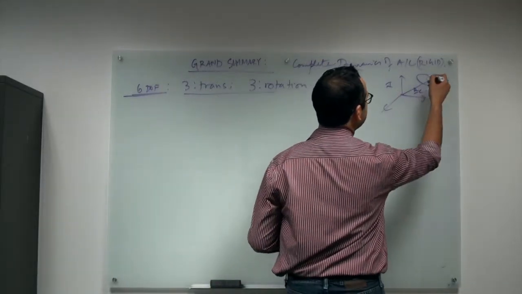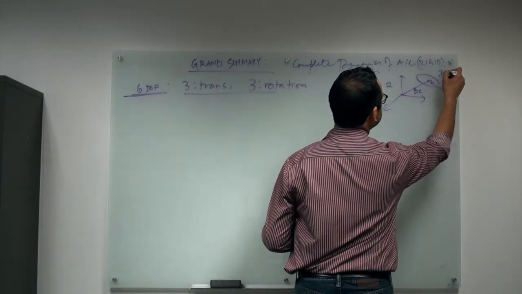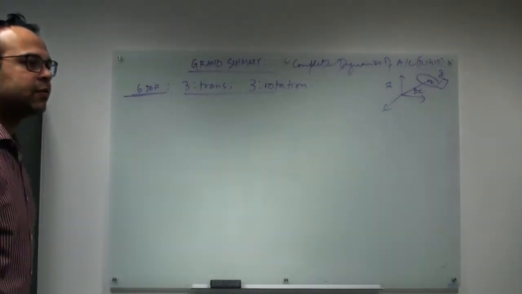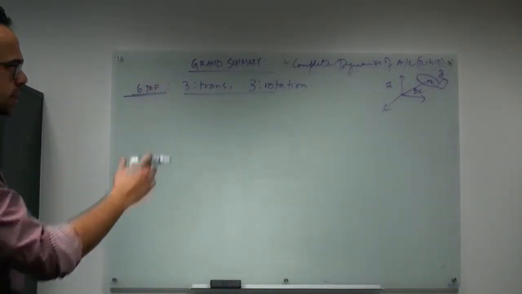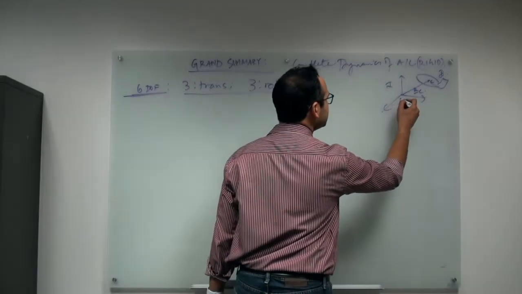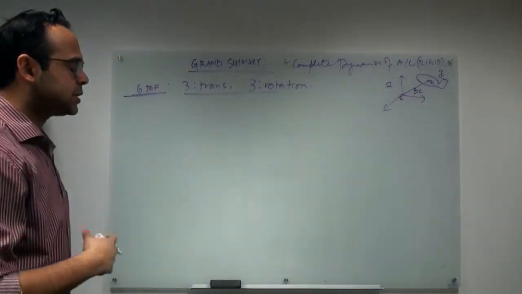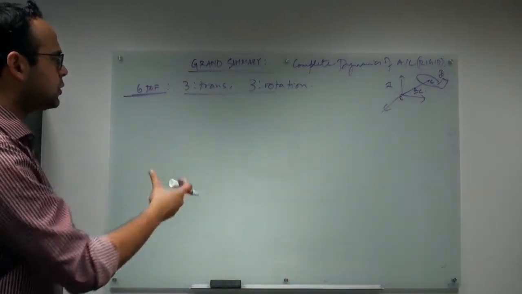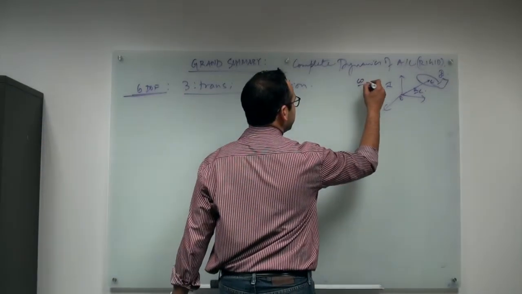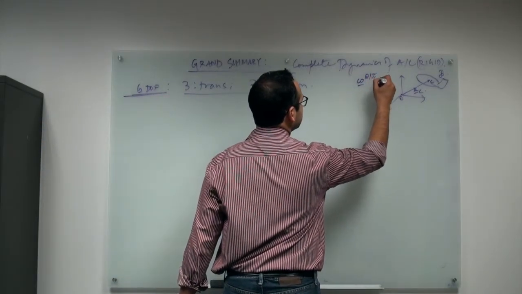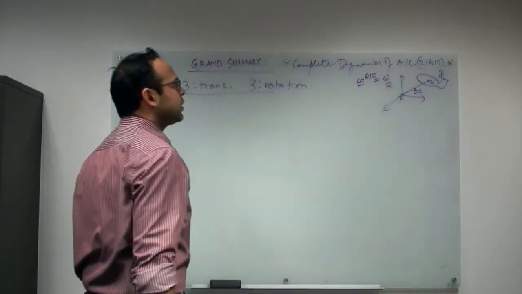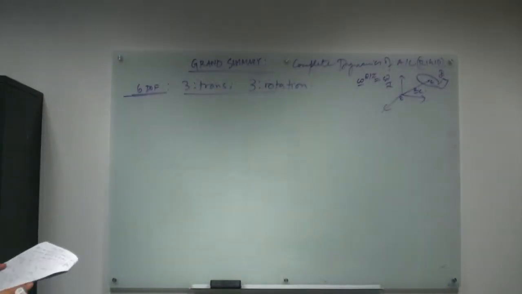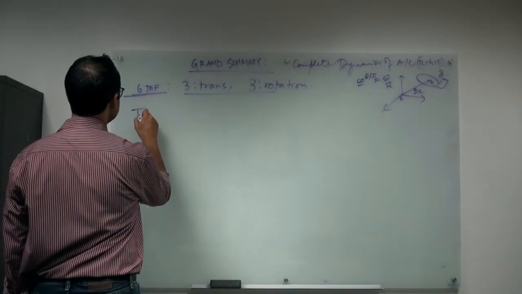Here's the picture, and of course there's a body frame that is attached to the aircraft, right? It is located at O, but it's attached to the aircraft in the sense it's constrained to move, turn with it. So the rate of the body frame with respect to the inertial frame is omega. Great. So translational motion.